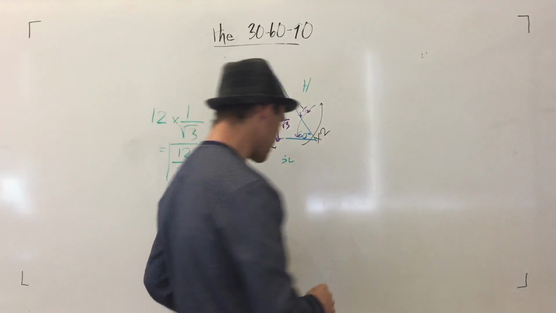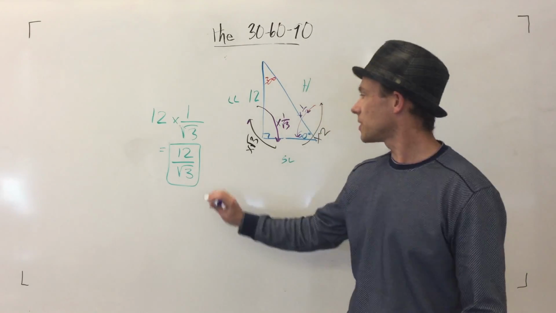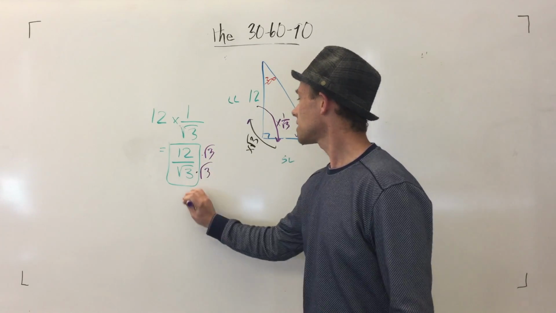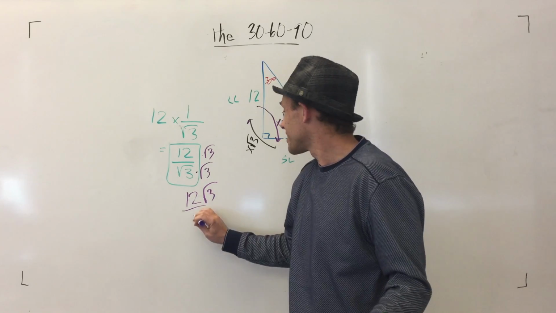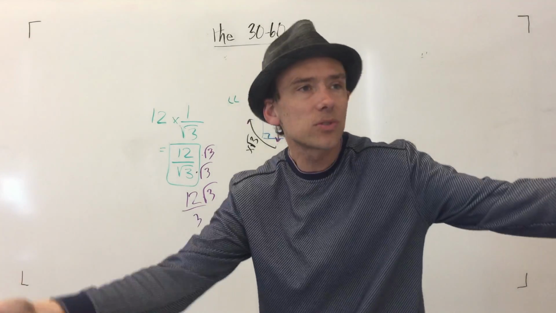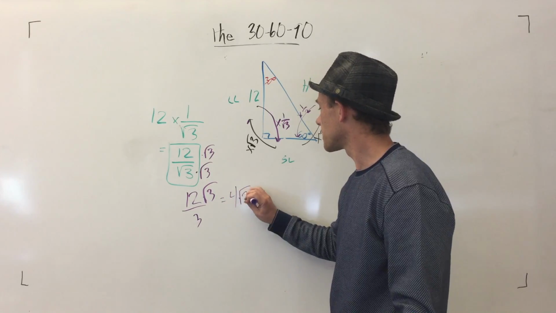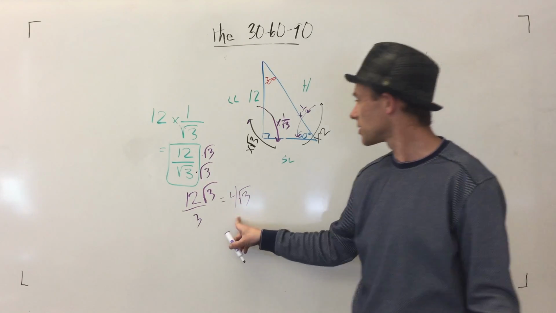Now I'm not rationalizing that, but if you do, maybe I just will. I talk about this method of rationalizing the denominator in another video, and there are lots of other videos that talk about the same thing. And so that gets us to 4√3. So two answers. They're both fine. Your teacher probably wants this one.